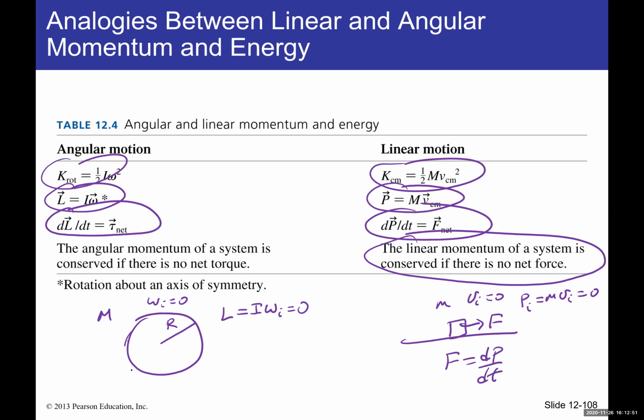We applied a force, and this force was the reason that momentum was changed. Same thing here. Let's say there's a string wrapped around, and I pull it down, so there's a tension force. That means there's a torque acting at this distance r from the axis of rotation. Then this torque equals dL/dt.